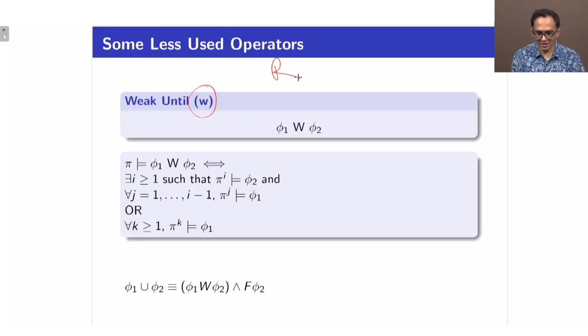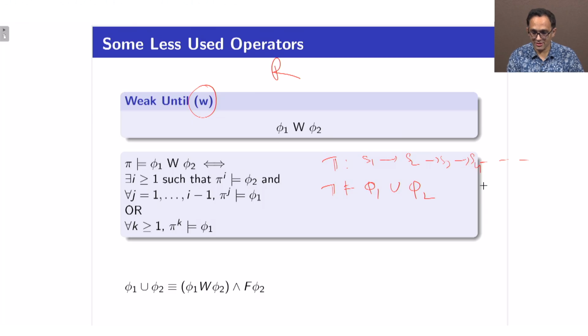If you recollect, to satisfy until, you have to think about an infinite path S1, S2, S3 and so on. I say this path satisfies phi 1 until phi 2. What is happening? Phi 1 holds until phi 2 holds.